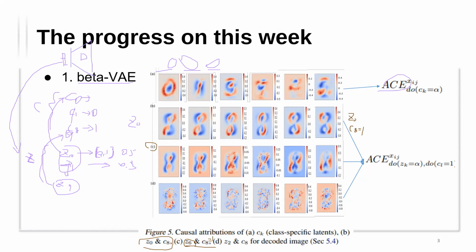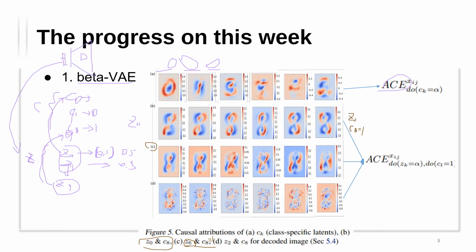So the interesting question is whether one Z can control multiple C. If one Z can control at most one C, then in your case, both Z0 and Z6 can control C8.